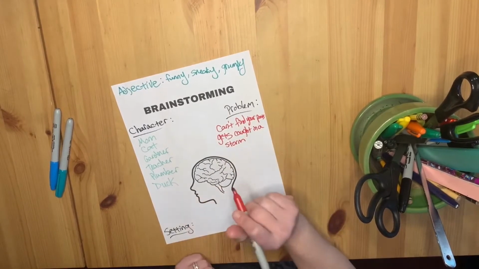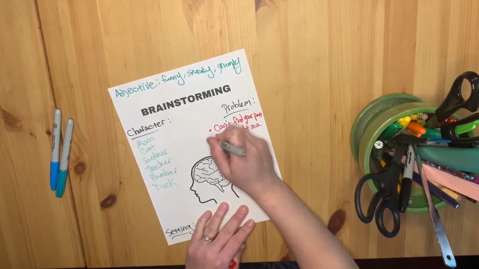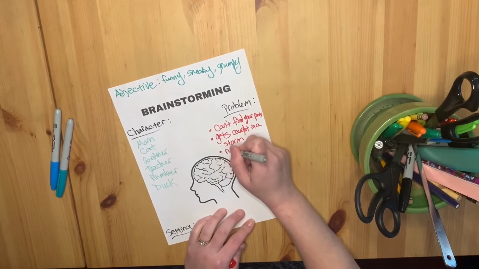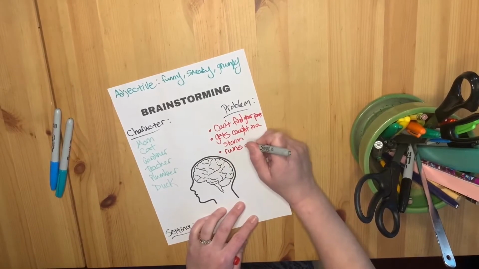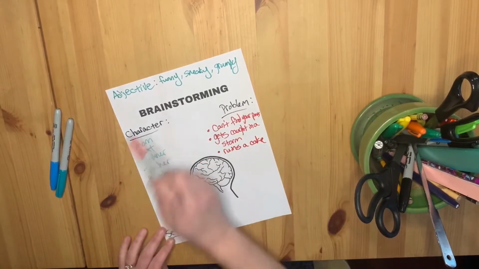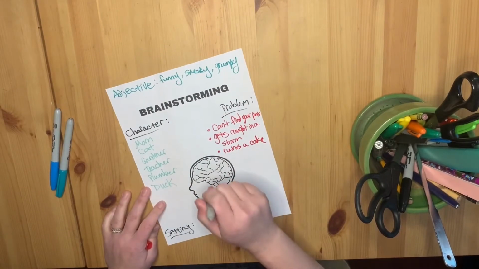Okay, one more before we move on. Oh, my goodness. Ruins a cake. Gee willikers. Ruins a cake. So you see how this storm of ideas is coming out of our brains.